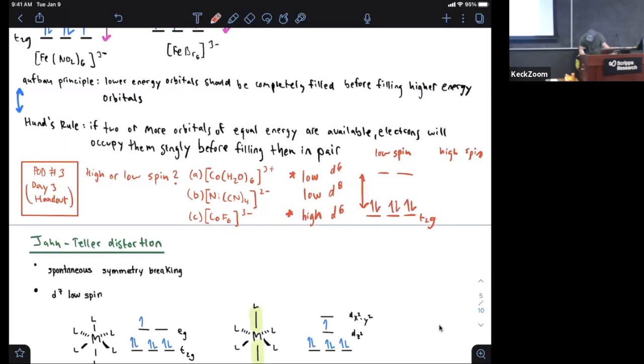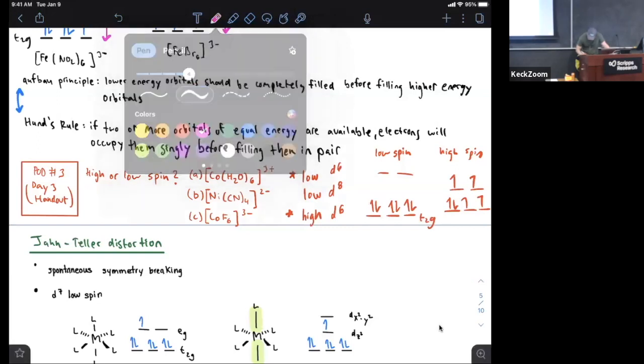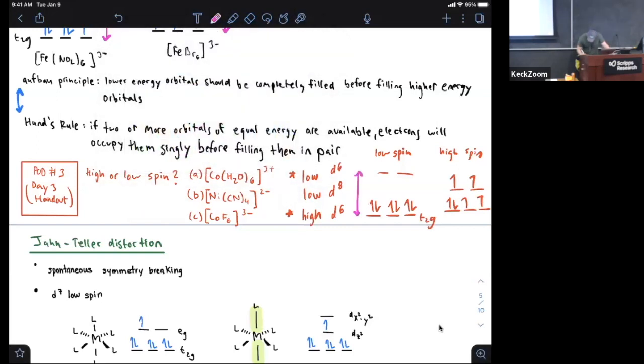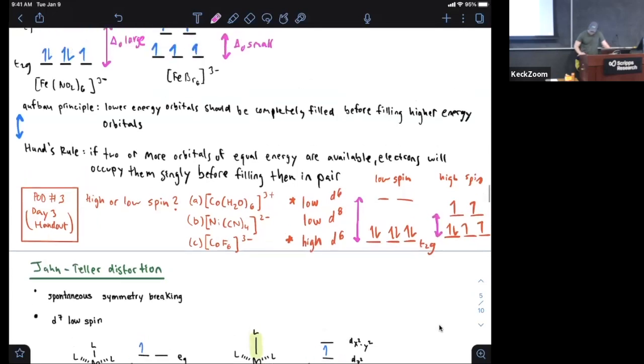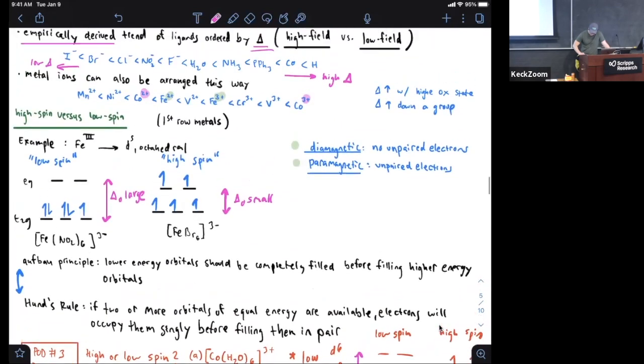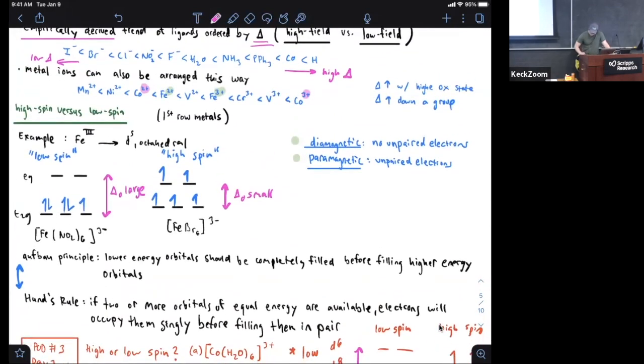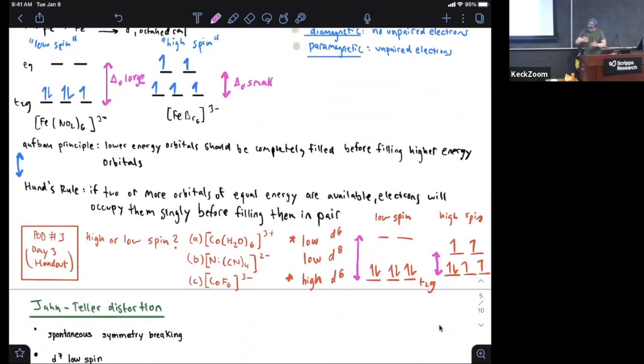And in the case where we have a low splitting energy, comparing those two, fluoride versus aqua, we're saying aqua has a higher splitting energy compared to fluoride.